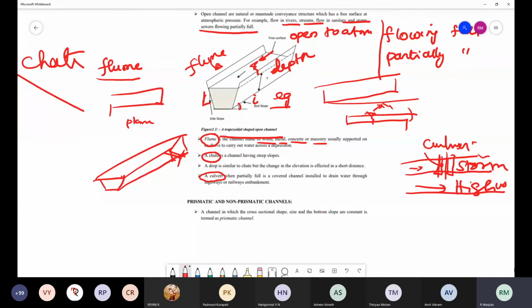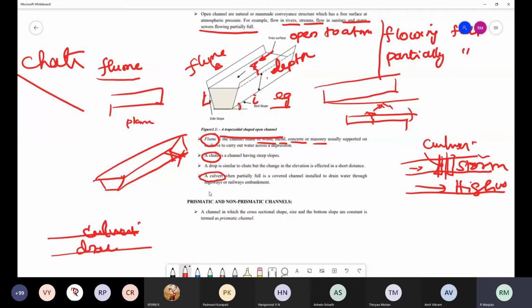Maybe here you may have a drain channel, and above this your culvert will be there. Otherwise you can say it's a small bridge, which will be covering mainly small channels. Especially in the case of highways and railway embankments, you can see many culverts on the sides.